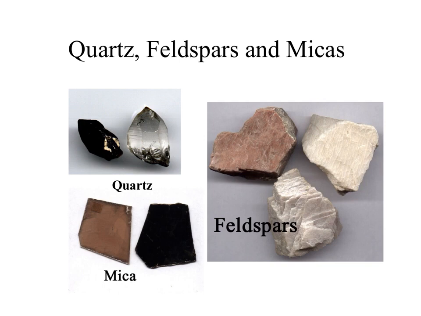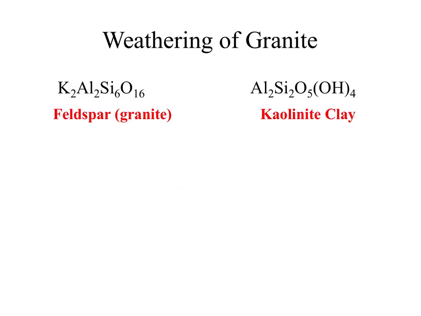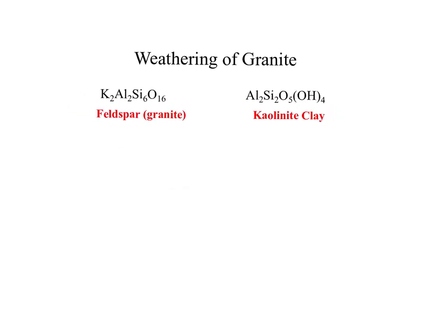So let's look at that process of the granite breaking down, or weathering. When we have that feldspar in granite, it undergoes weathering. That means we've got some water and it reacts with the CO2 in the air. And then it forms kaolinite clay.